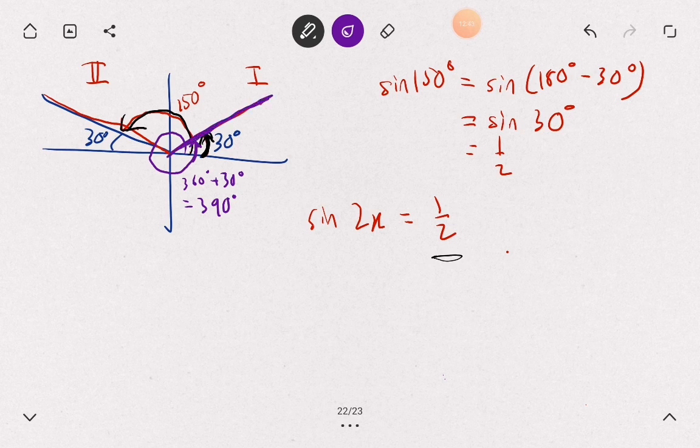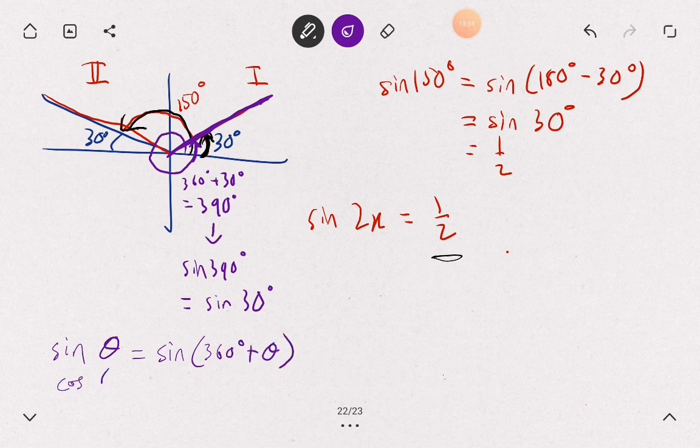So sine 390 is the same as sine 30. Pretty much for any angle theta, sine theta is the same as sine of 360 plus theta. Cos theta is the same as cos of 360 plus theta. So this is another thing that we need to take care of.